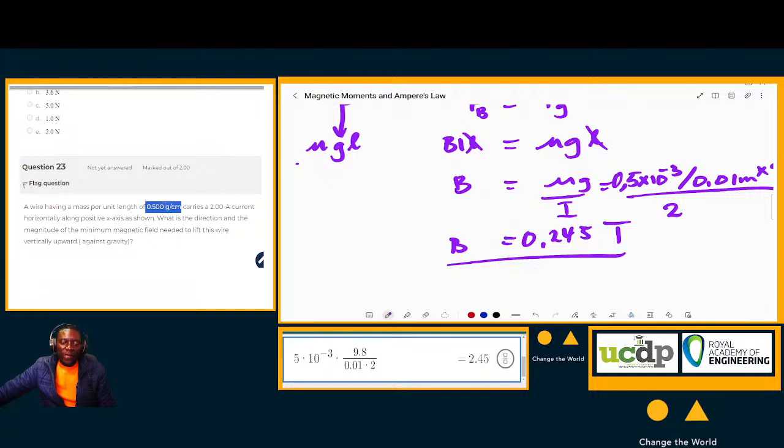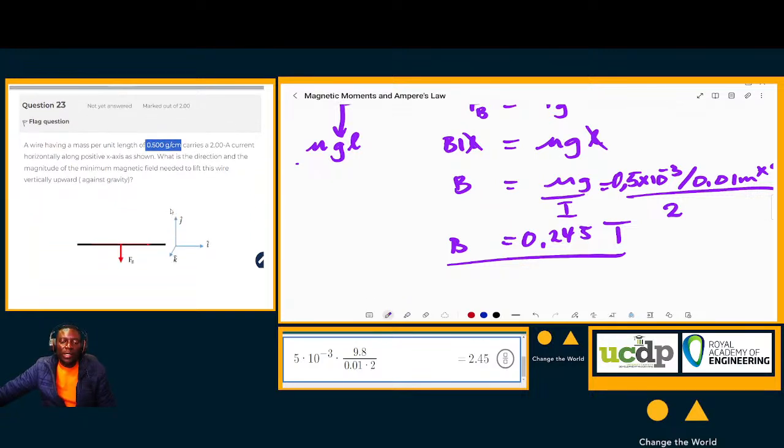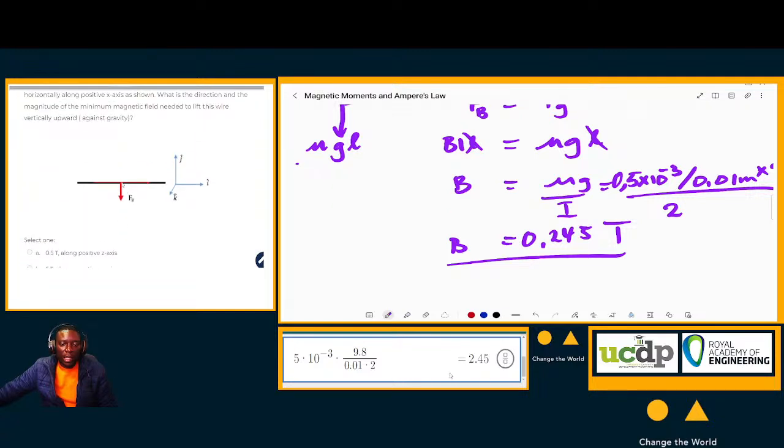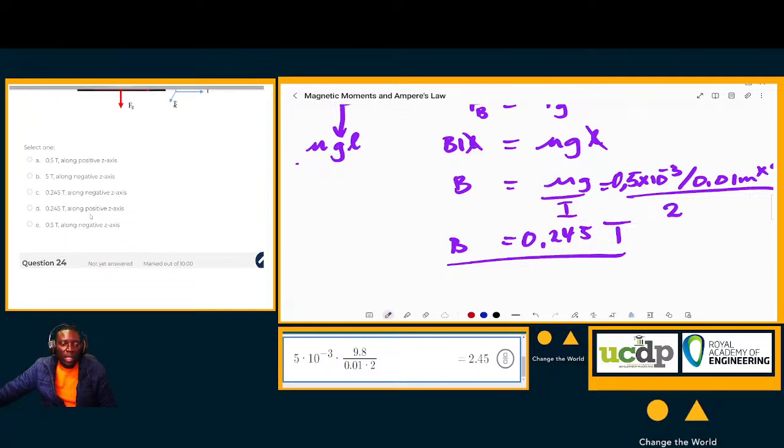We have 0.5 grams per centimeter, the linear mass density, not 5 grams per centimeter. So that is 0.25 Tesla, and the direction is along the positive z, because the gravity is downwards. This force has to be upwards. So we have to choose D.